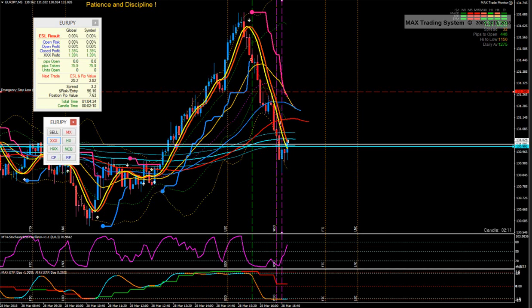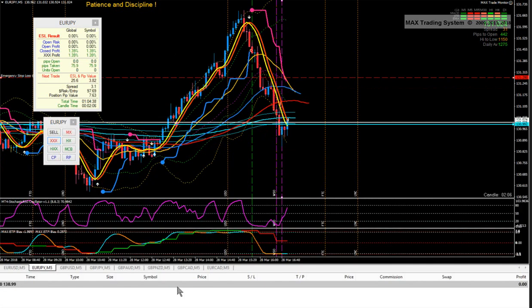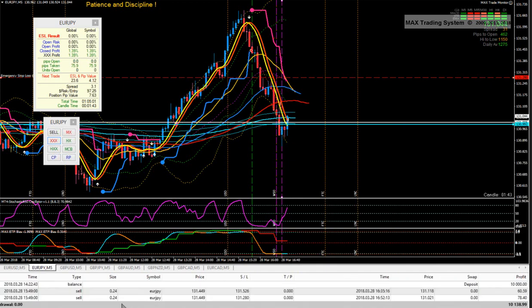And we can view in the terminal panel here that the trades are closed, and you see the balance has increased from 10,000 to 10,138.99. So the profit is 1.3899%, rounded off to 1.39%. If we look at the account history, you can see how the two units have been closed along that trade.